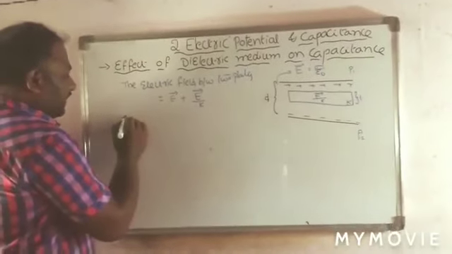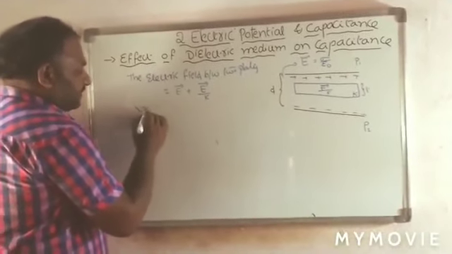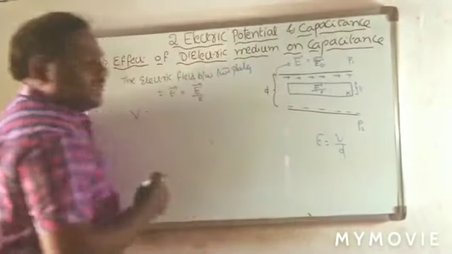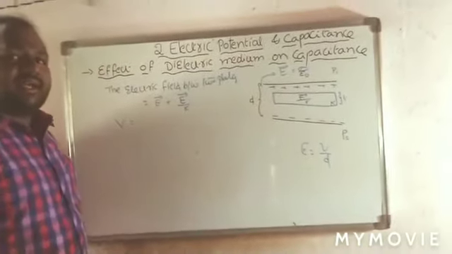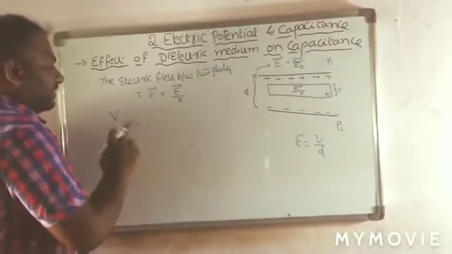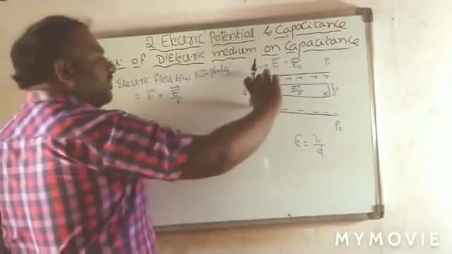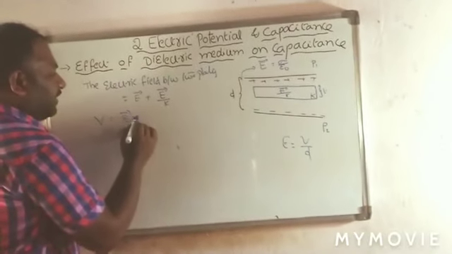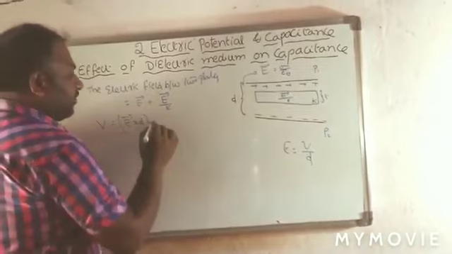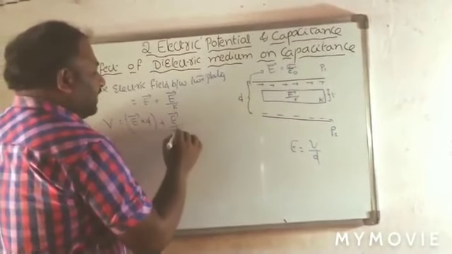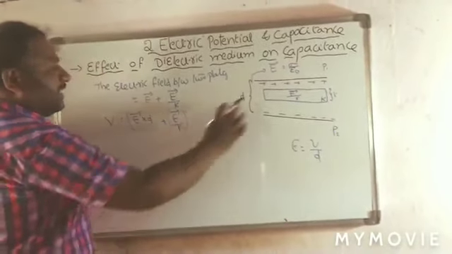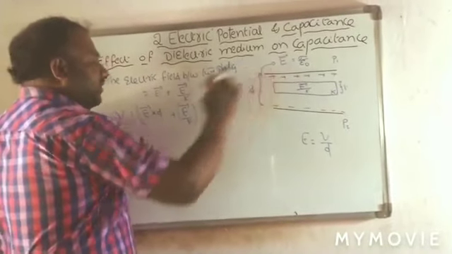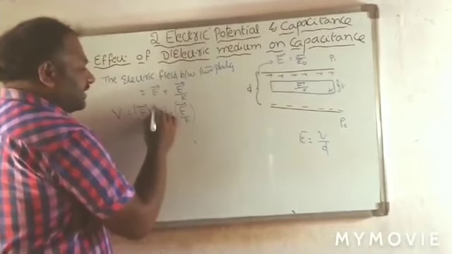We know the relation E is equal to V by d that we used in the last class. Here also we are going to use it. The potential between these two plates can be taken as E bar into d, plus E bar by K into the slab thickness. The part in free space is not the full d, so this is d minus t.